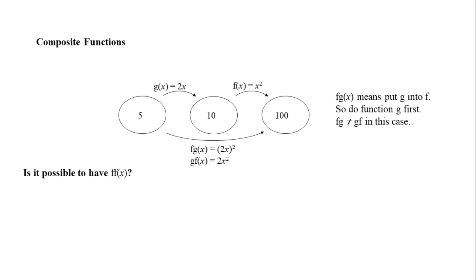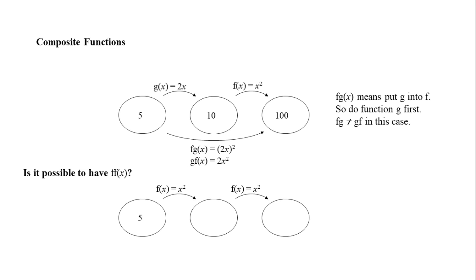Is it possible to have f of f of x? Yes. Let's take a look at this example. I have f of x is equal to x squared. And on the second function, I also have f of x is equal to x squared. Let's try to put in the same input, which is 5.